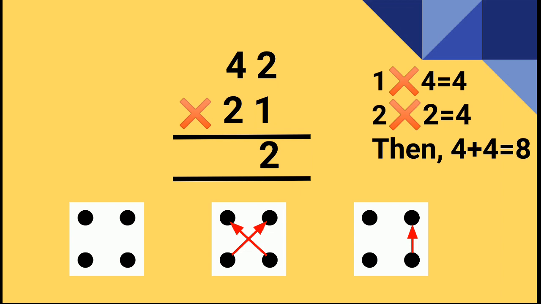Then we add the results, that is 4 plus 4 will give us 8. So this will be the second digit in the tens place. Now to find the third digit, we multiply the leftmost two digits, that is 4 into 2, which will give us 8. So 882 will be our answer.